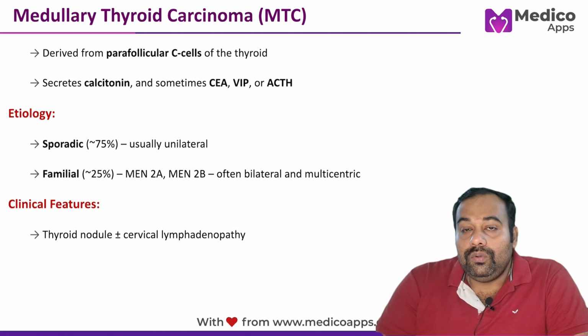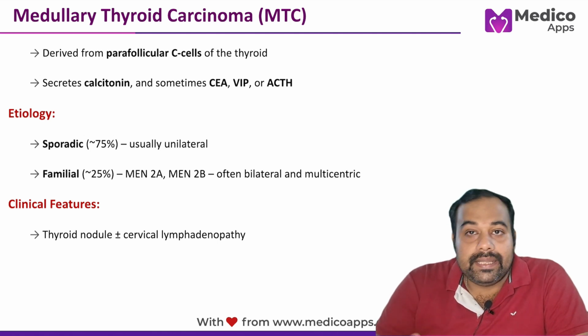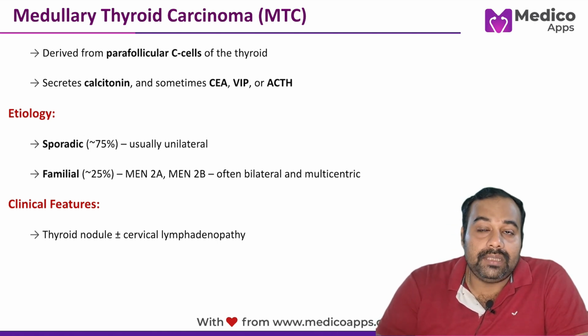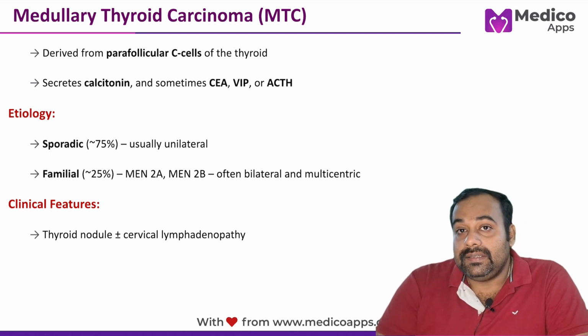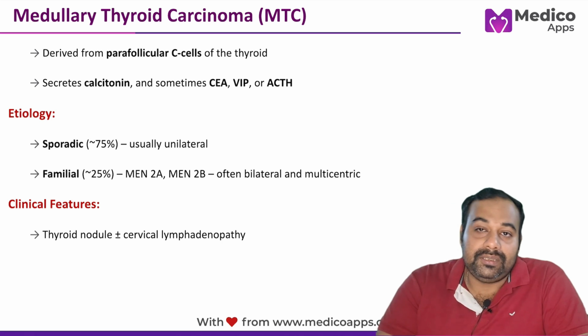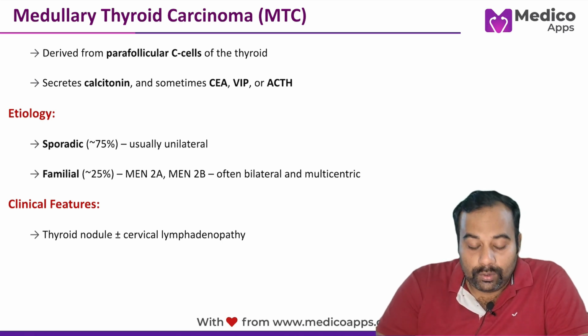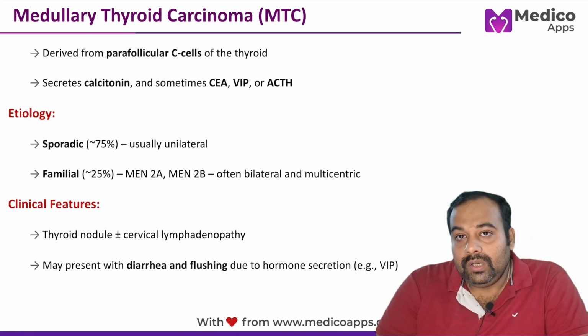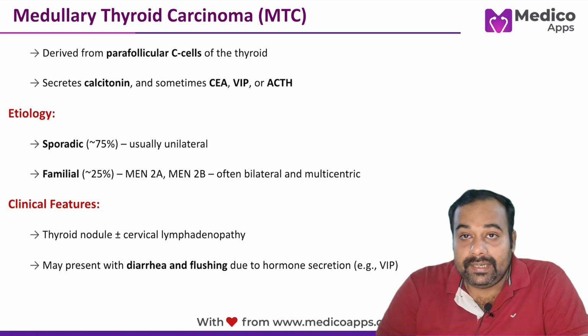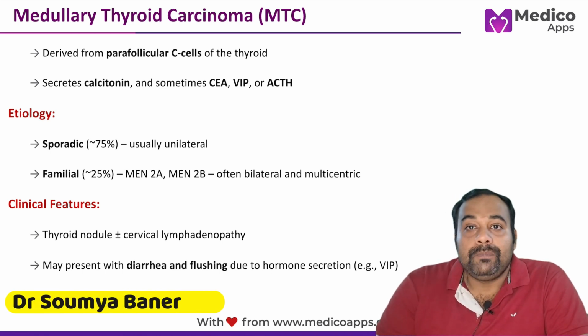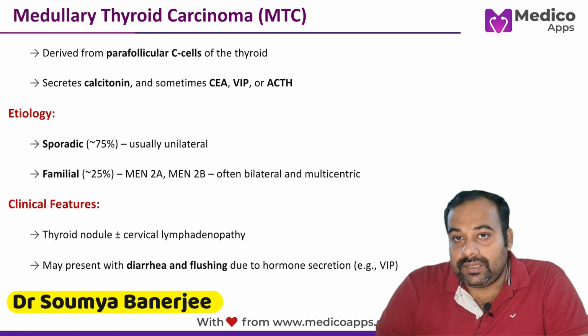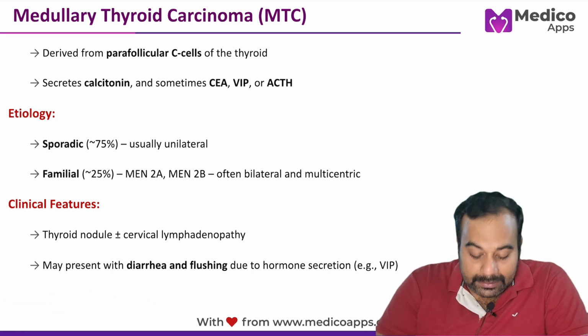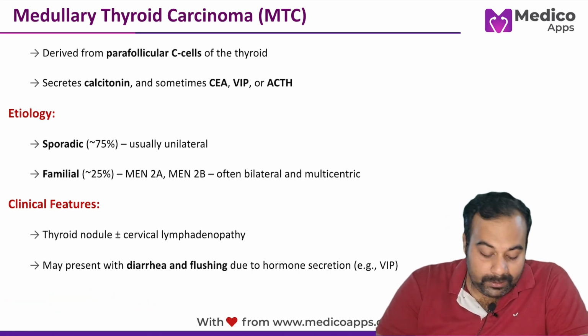With medullary CA thyroid, the development of neck node metastasis is pretty much more rapid than in the other variants of thyroid carcinoma. That's why we have to go for prophylactic neck dissection in such cases. Obviously, I will come back to that in just a minute, right?